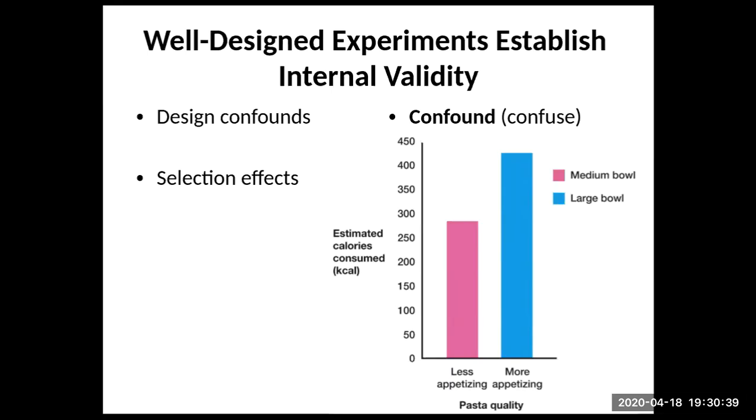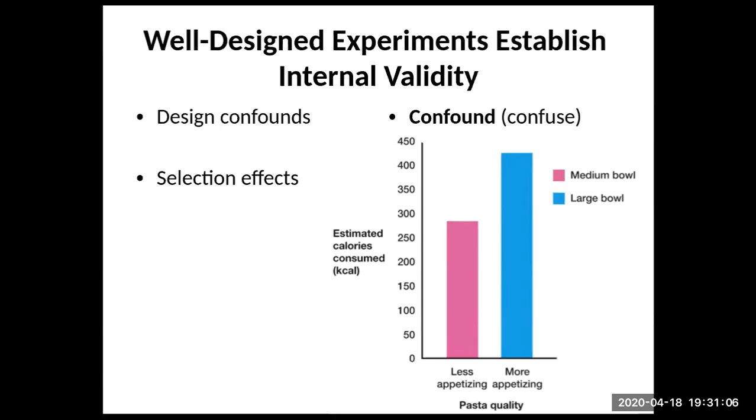In this way, we have a confound because we did not control for the quality of the pasta. We don't know if the people in the medium bowl ate less because they had less or because it was less appetizing. We don't know if the people who had the large bowl ate more because they took more because it was a larger bowl, or because the pasta itself was more appetizing for some reason.